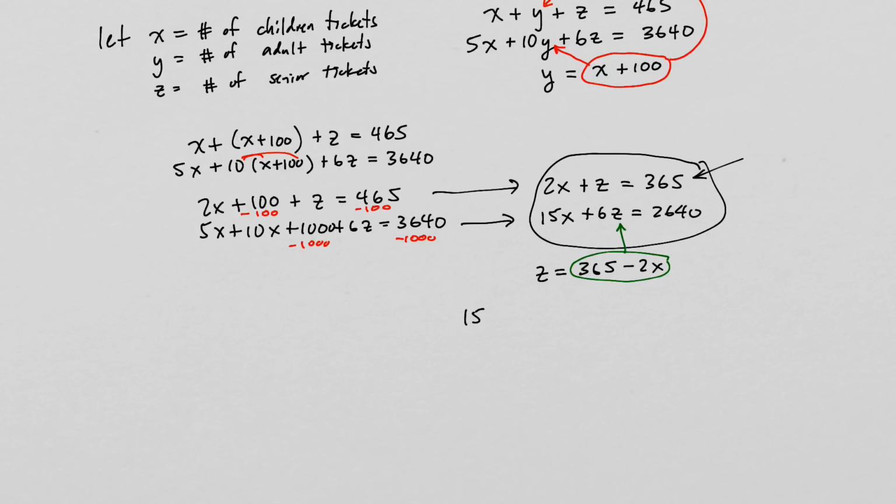And if we do that, we get 15x plus 6 times 365 minus 2x is equal to 2,640. And now all we have to do is multiply it out. And so we get 15x plus 2,190 minus 12x equals 2640. 15x minus 12x is 3x.